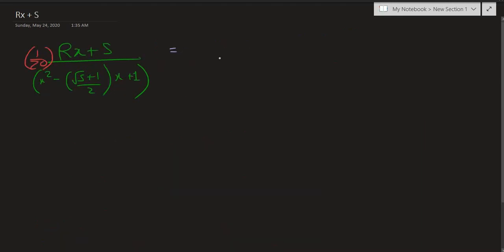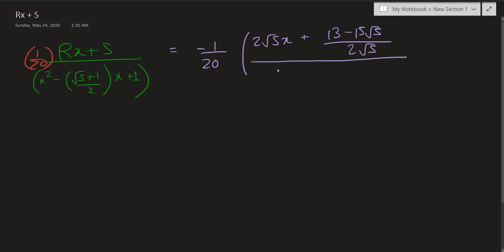So we obtain negative, because there was a negative on the r, 1 over 20 times, well, r is just 2 root 5 times x like before, and this time s is 13 minus 15 root 5 by 2 root 5, divided by x squared minus root 5 plus 1 by 2 x plus 1.